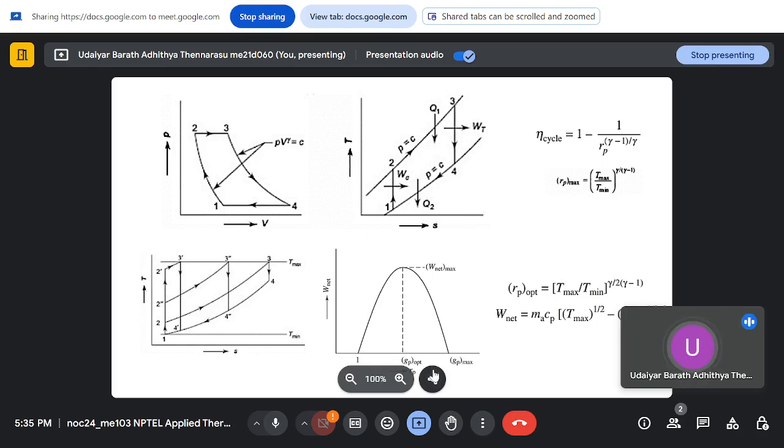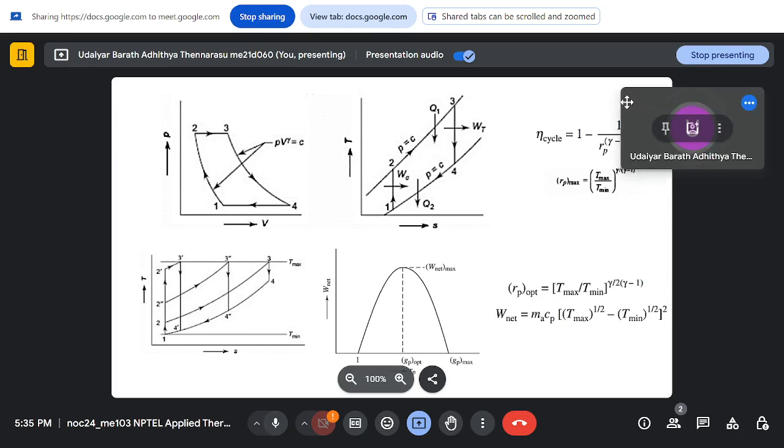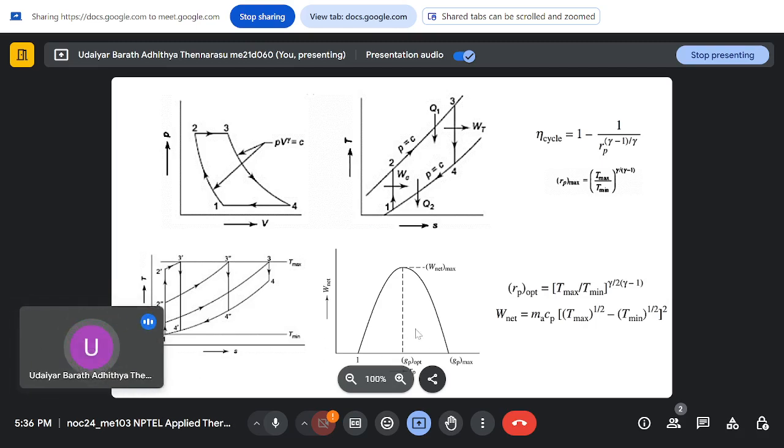So in both cases work will become 0, and it goes through a maximum, which is given by this RP opt, and the work corresponding to this optimum pressure ratio is again m dot Cp into root of T max minus root T min, the whole square.